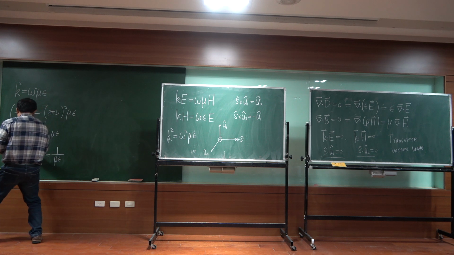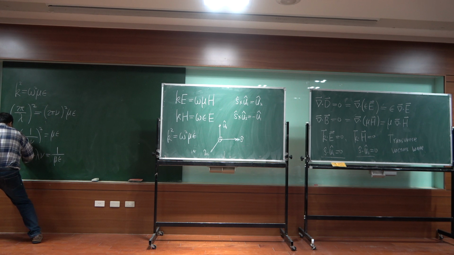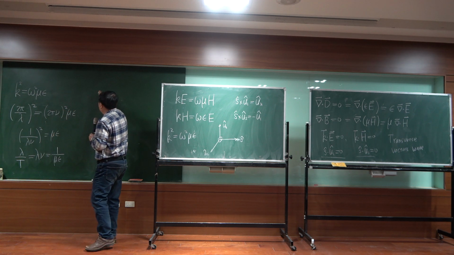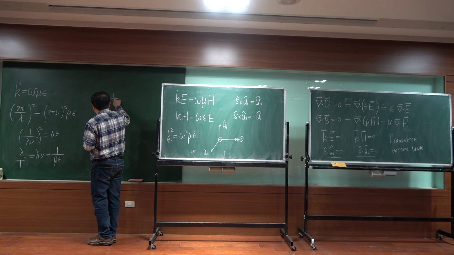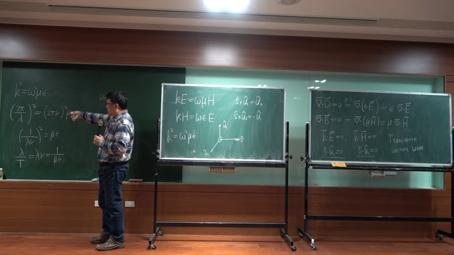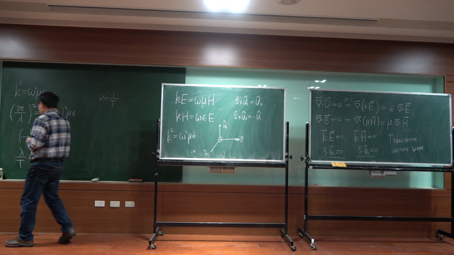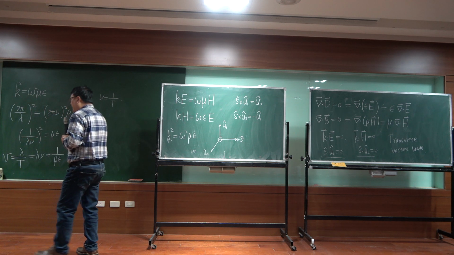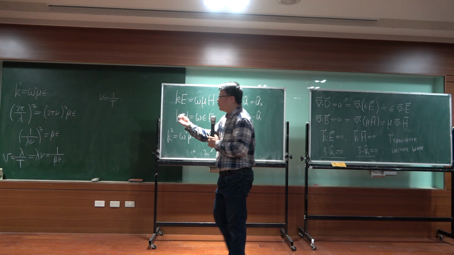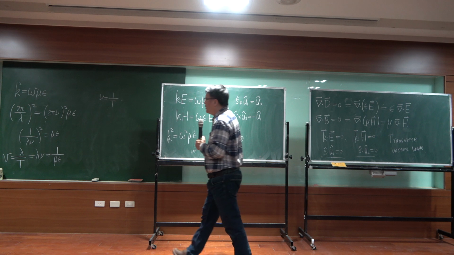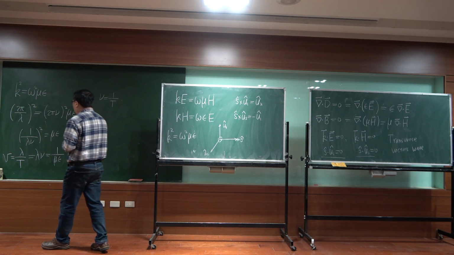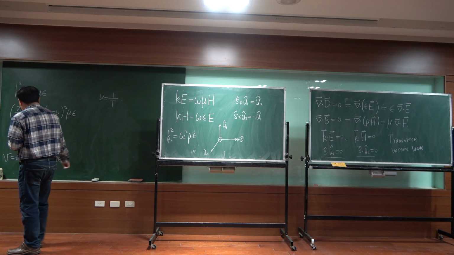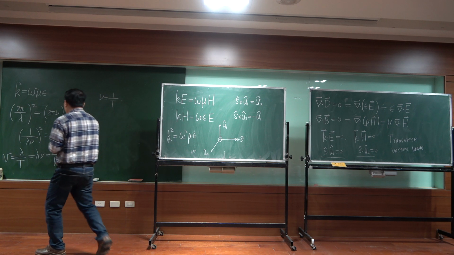Lambda over t, where nu is 1 over t, the frequency. Lambda over t means the speed of the wave, the propagation speed. The speed v means the wave propagates one wavelength in one period. So sorry.